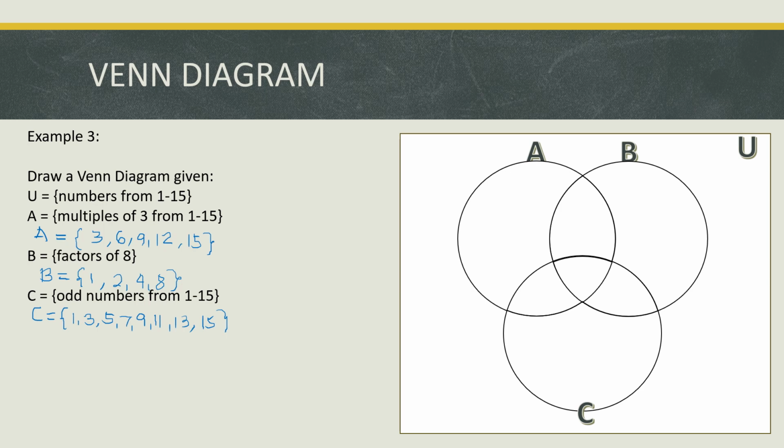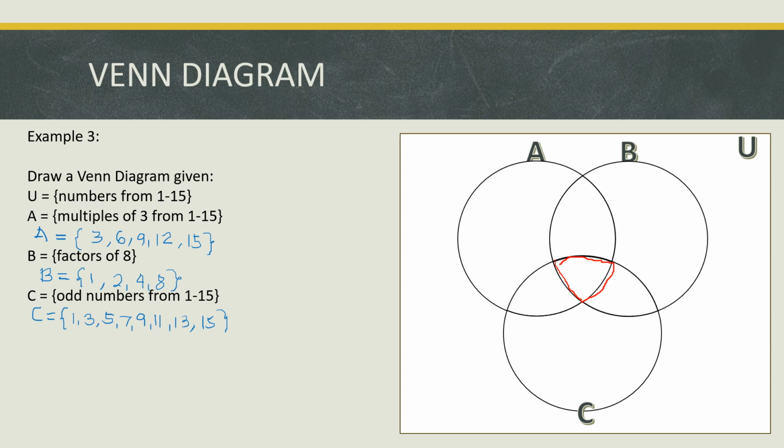So let's start first on the middle part of the Venn diagram, on the inner part of the three circles. The inner part of the three circles represents the relationship of the three sets, where we can find that element inside those three sets.